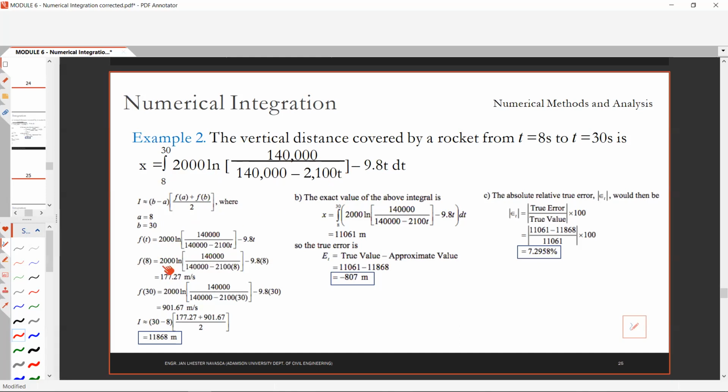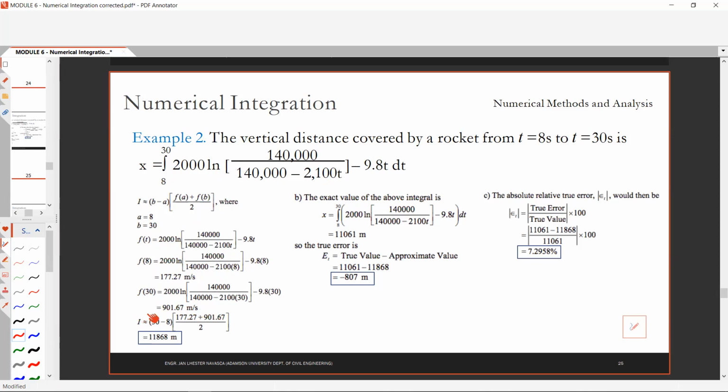So solving this one, f of t, okay, sulat mo lang to lahat. Okay. Then 2,000 ln of 140,000 minus 2,100t minus 9.8t. So substitute t is equals to 8 and t is equals to 30. We have 177.27 meter per second and we have 901.67 meter per second.